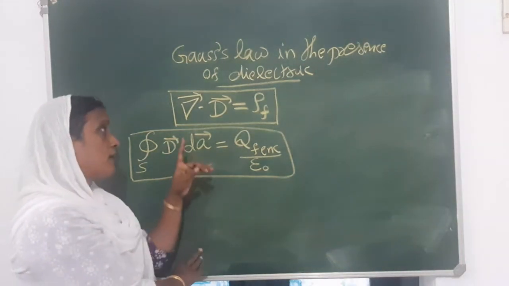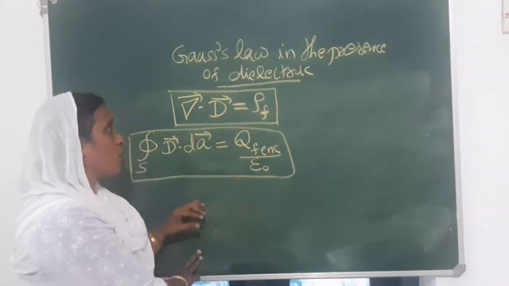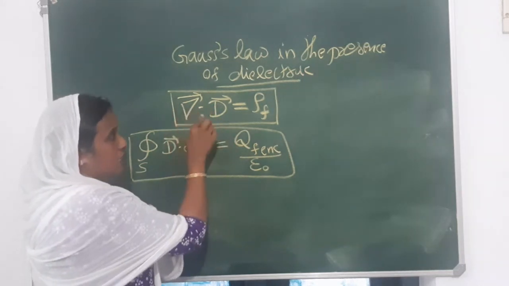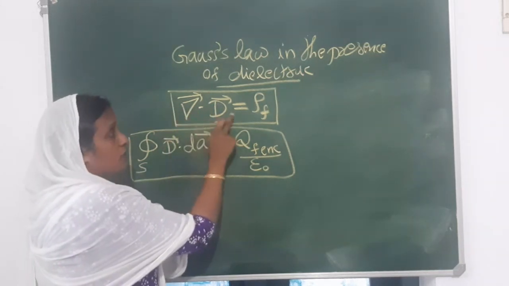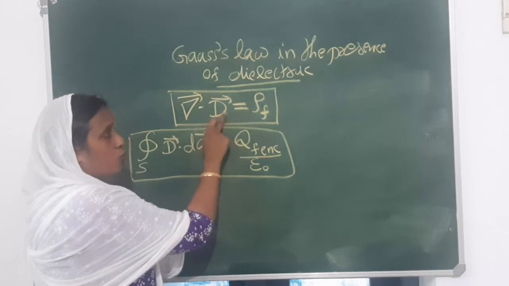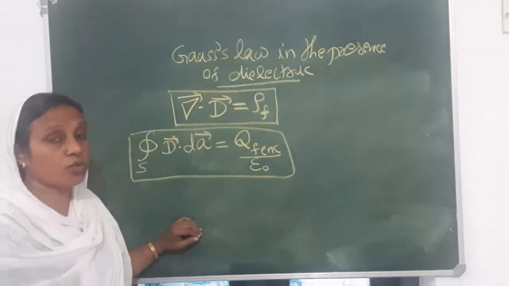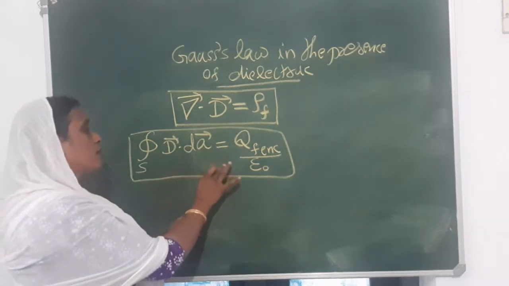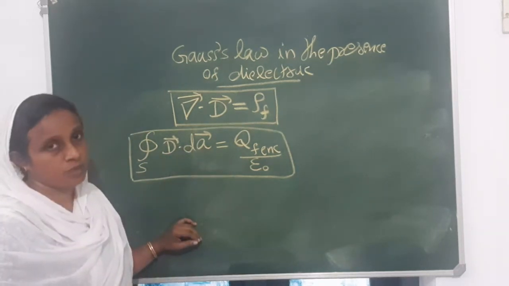Here one thing is clear, because we know that the electric field obeys this law, del dot E equal to rho by epsilon 0, and a corresponding integral equation.